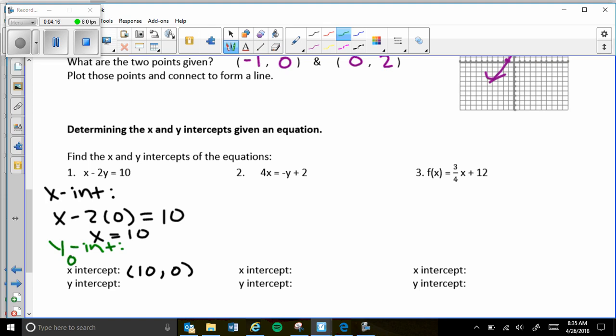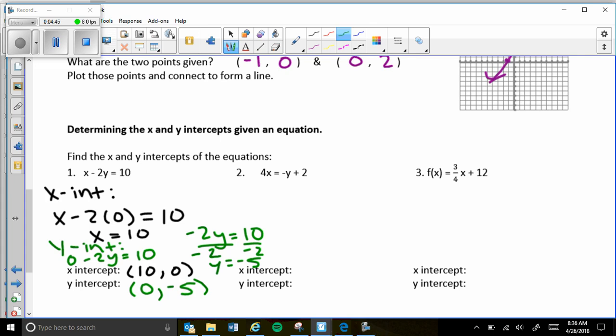So 0 minus 2y equals 10, which leaves me with -2y equals 10. So how do I get y by itself? Divide by -2, so y equals -5. So the ordered pair, again, we made x equal to 0, and the y value is -5.